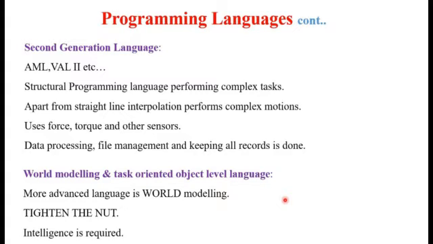In the second generation language, it is a structured programming language performing complex tasks. To perform these complex tasks, programming instructions are given. Apart from straight line interpolation, it performs complex motions. Instead of only straight line functions, interpolating functions are also used to perform the various motion functions.